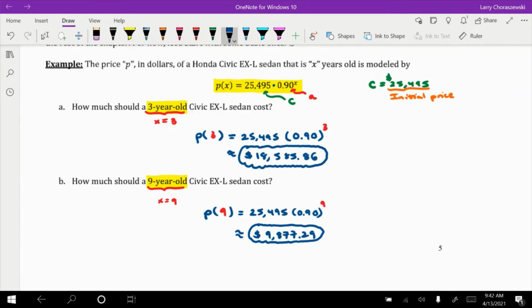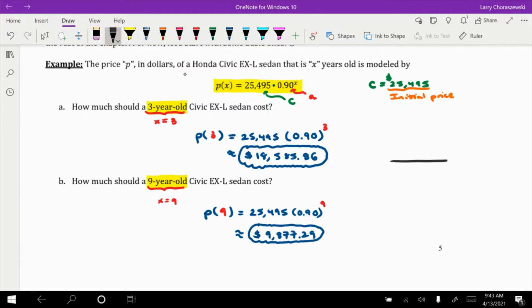So this type of function that we have here would be an example of depreciation, which is a special case of exponential decay. In other words, as time goes on, the initial value decreases in an exponential fashion.